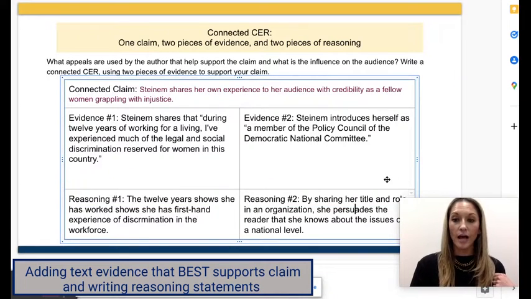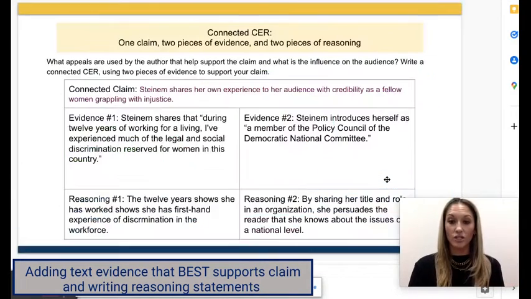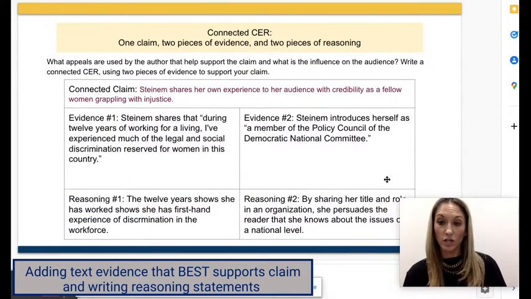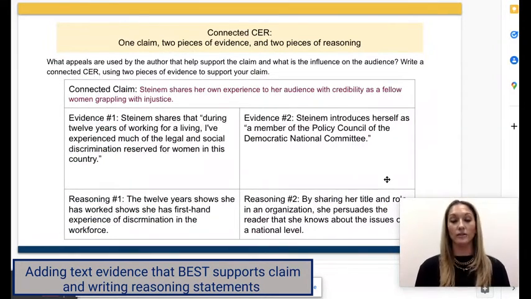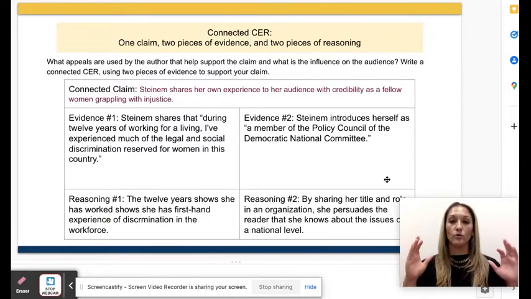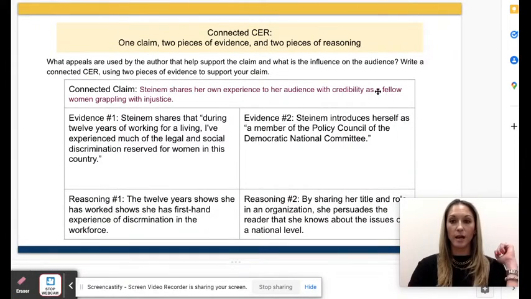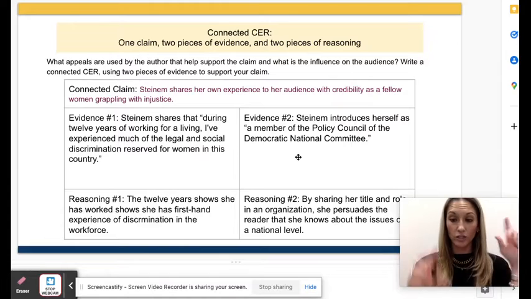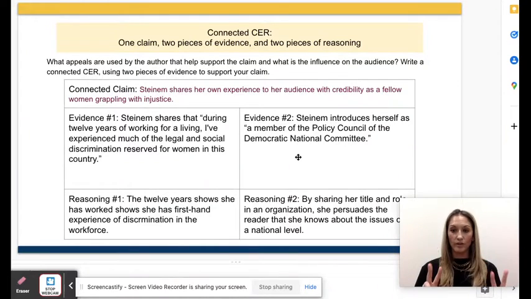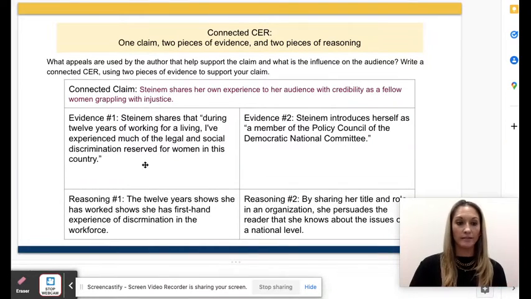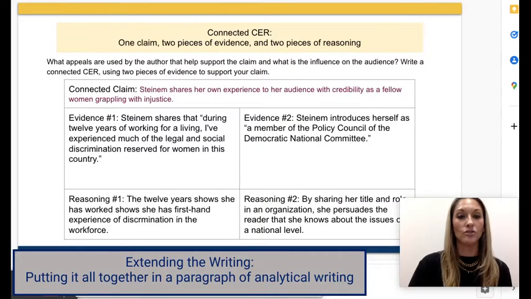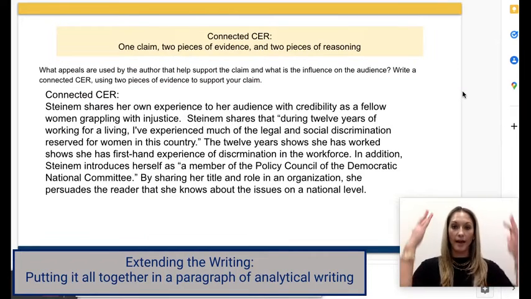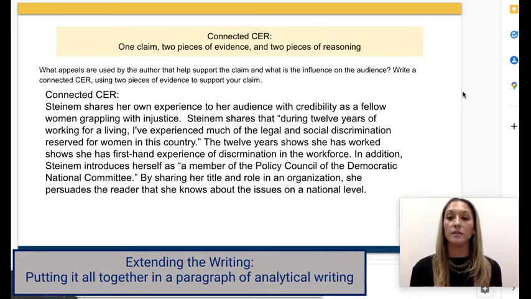By sharing her title in the organization, she persuades the reader that she knows about the issues on a national level. So you'll see here we have our connected claim at the top, our two pieces of evidence with two reasonings for that evidence, and we build it into a full paragraph.